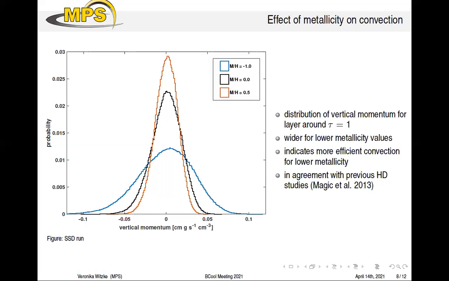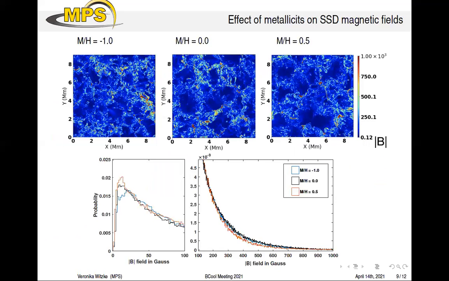Now, if you have a look at the magnetic fields, these are 2D surface plots at the optical surface of the overall magnetic field strength. When we go from the low metallicity case to the solar case, we see a difference in the structure, because we also see a slight difference in the convective structure, and we also have much stronger fields in some cases.